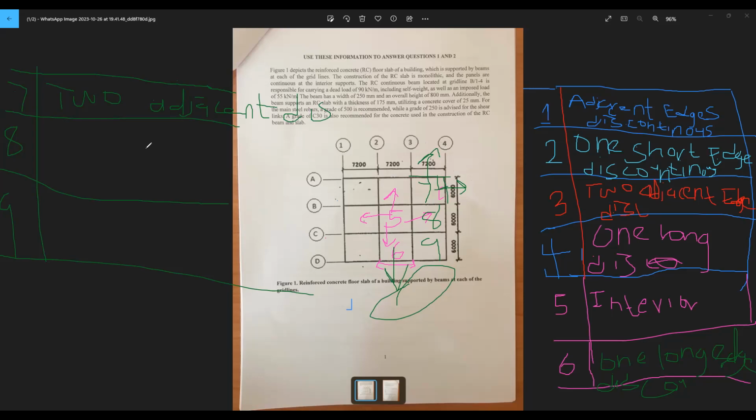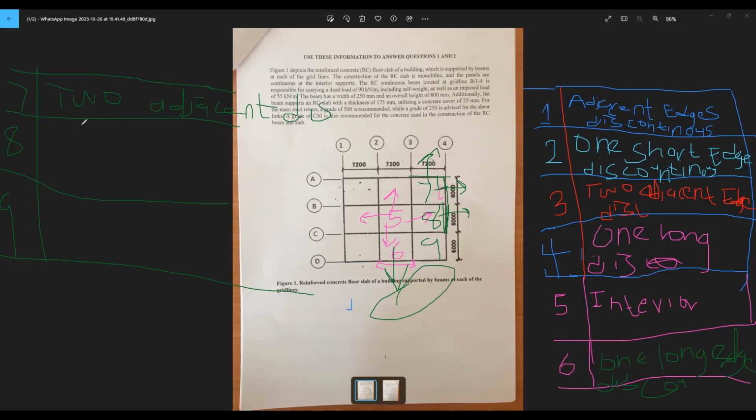So your panel 8, what is that going to be? Yes, you are right. Panel 8 is one short edge discontinuous. Very simple. This place is the only part that gets you out of the whole slab system, and it is discontinuous only at that point.